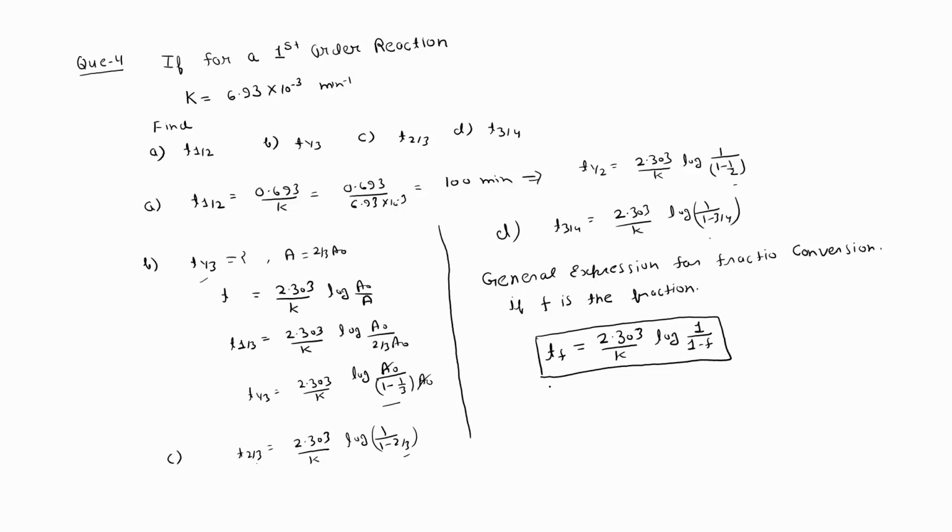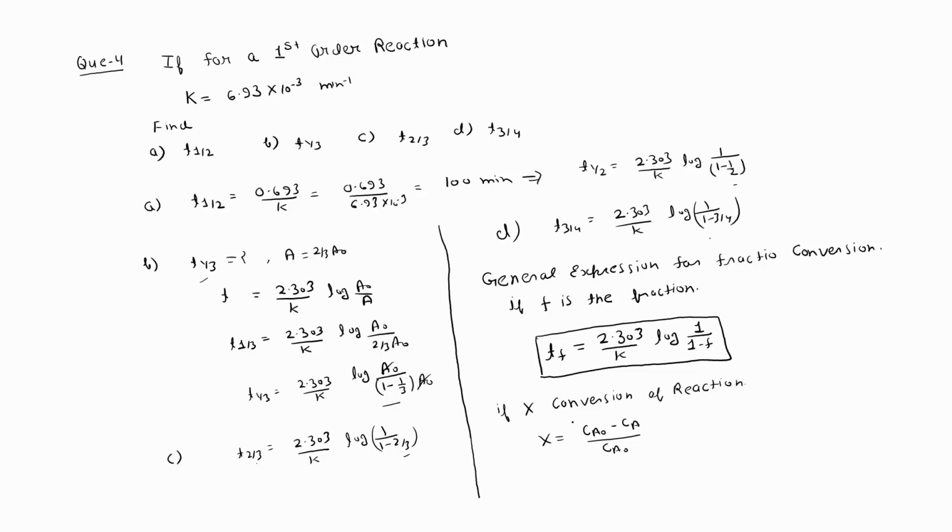If you want to prove it, if you know about the mole fraction conversion, I don't know whether you know or not. If X is the conversion of a reaction, any type of reaction, not only first order or second order, then X can be written as Ca naught minus Ca divided by Ca naught.